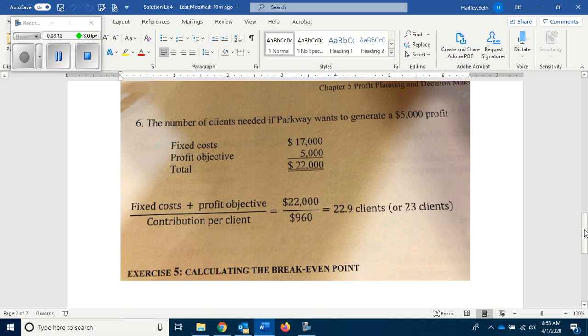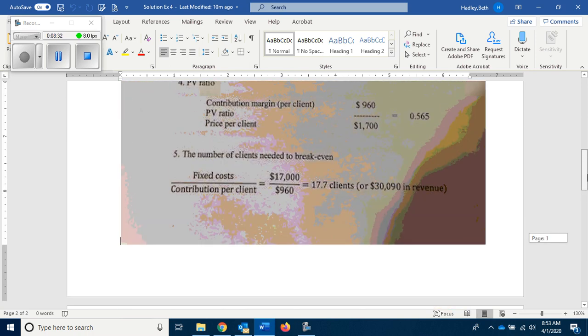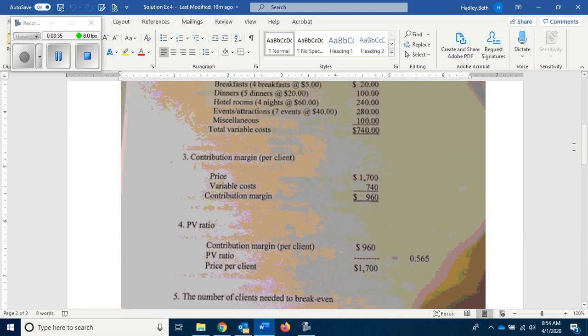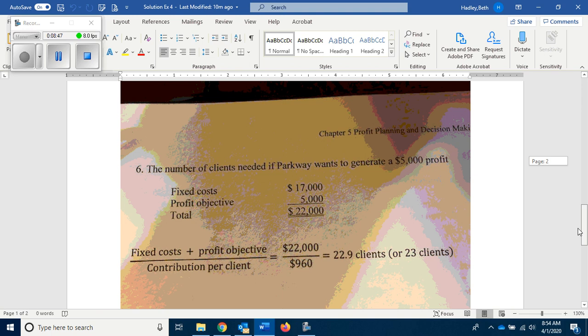From there, you can actually prove it. If you remember back in one of the slides where we figured it out, you figured out what the revenue was, 39,100. That's your sales revenue, minus your total variable costs. We know our variable costs per client is 740. So your total variable cost would be 740 times 23 clients.